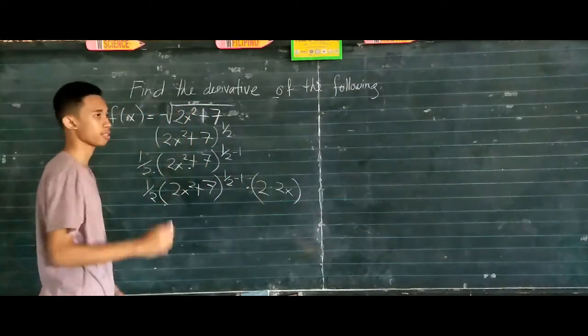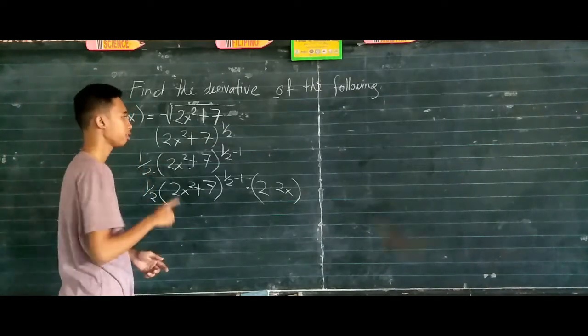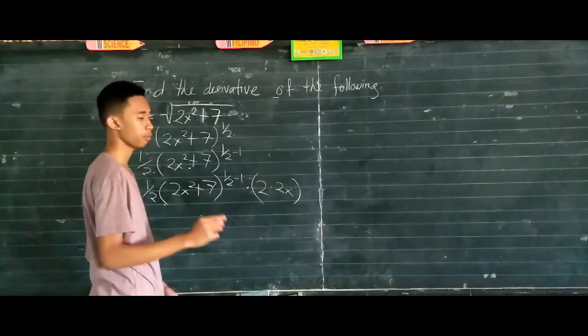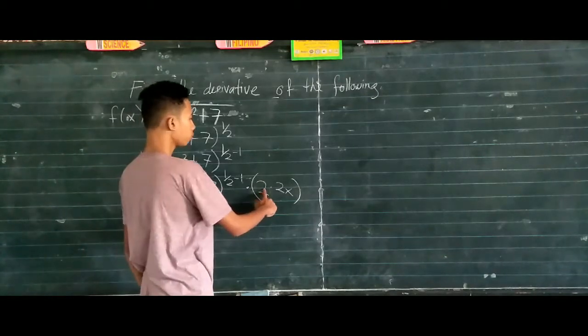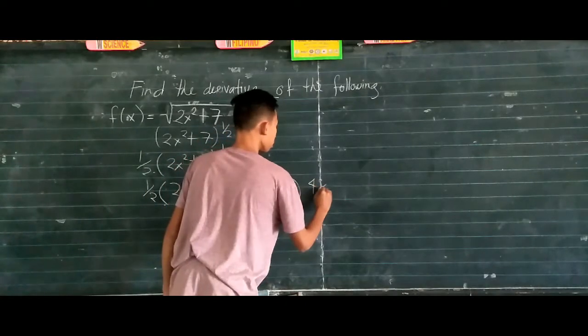Because 7 has no x, we cannot derive that numerical number. Then the next step is we have to multiply the 2 by the 2x. The answer will be 4x.